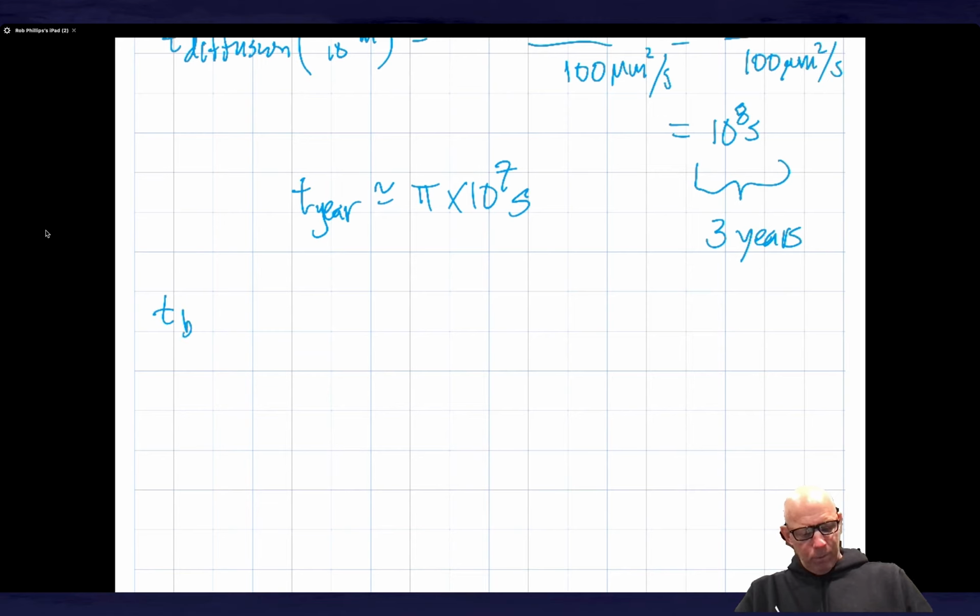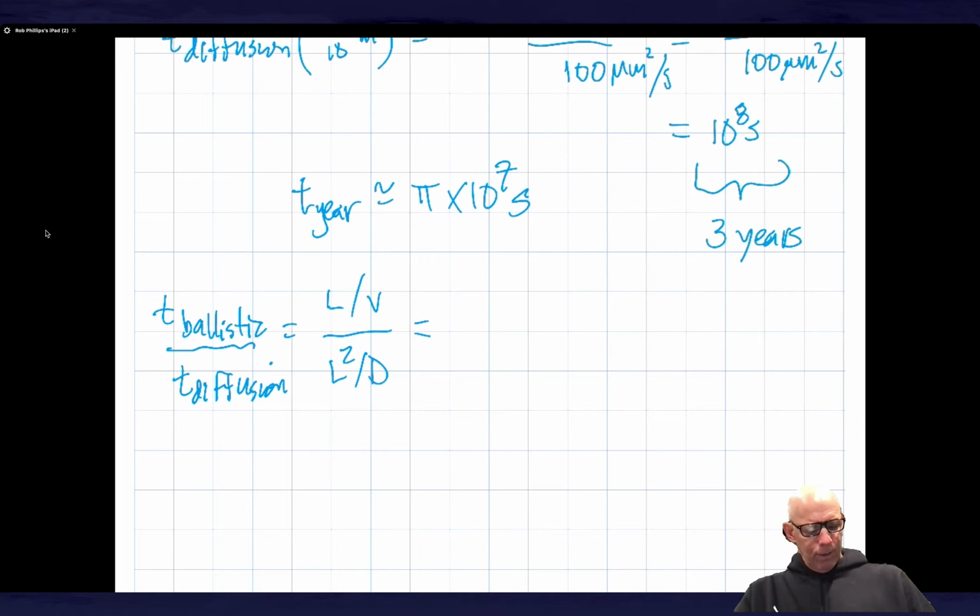So we've worked out a ballistic time, and we've worked out a diffusion time, and we can compare those. So this one was L over V, and this other one is L squared over D, and together those give rise to a quantity which is of the form D over LV. Okay, so 1 over this is known as the Peclet number.